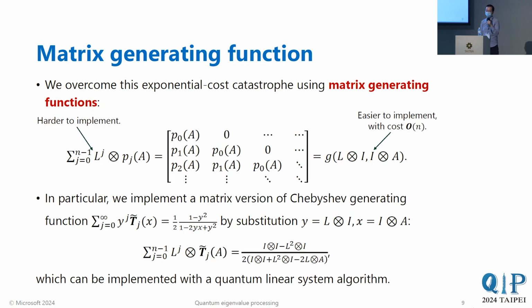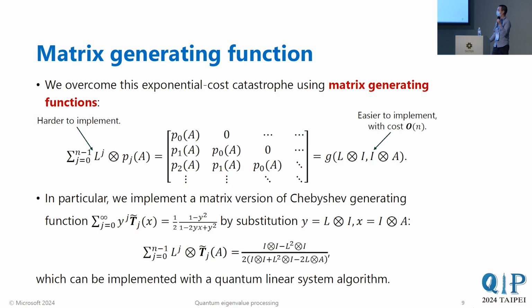Our approach to avoid this exponential cost issue is to use something called a matrix generating function. You see on the left hand side, that is something that we want to implement. Here, L is the lower shift matrix. Its action is cycling through all the computational basis states. So by applying that operator to the zero state, you can generate all the polynomial bases you want.